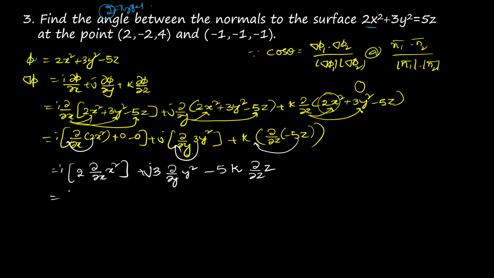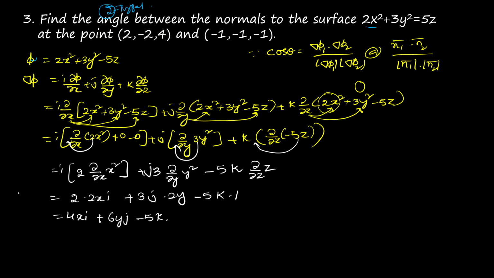So 2 dou by dou x of x squared gives 2x, 3j dou by dou y of y squared gives 2y, and minus 5 dou by dou z of z, value is 1, k into 1. So 4xi plus 6yj minus 5k.